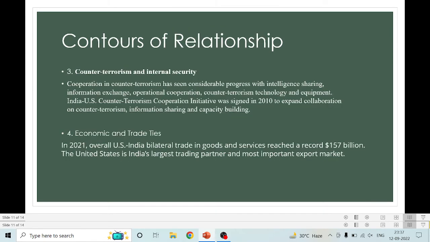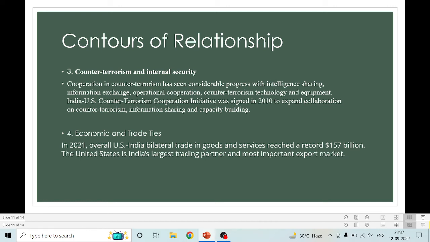Then counterterrorism and internal security. Intelligence sharing mechanism, operational cooperation, common exercises like Malabar are conducted, and the India-US counterterrorism cooperation initiative was formally announced in the year 2010.